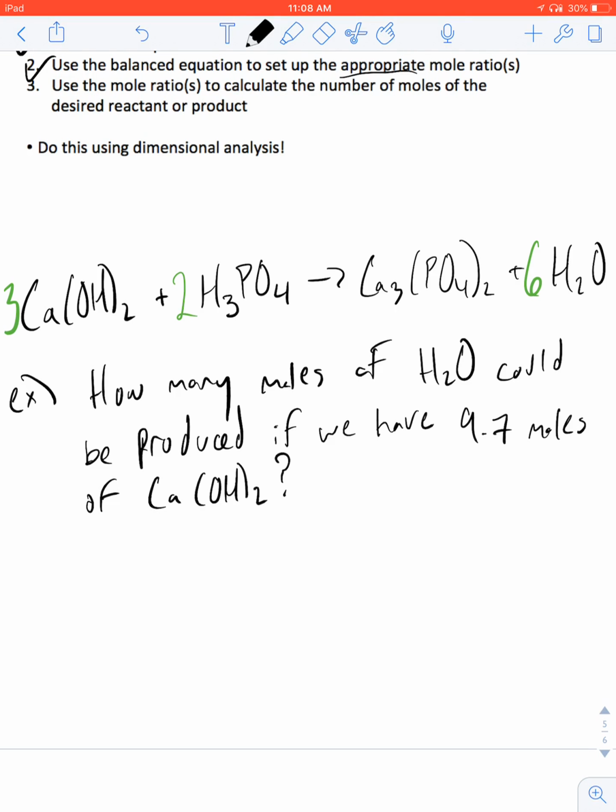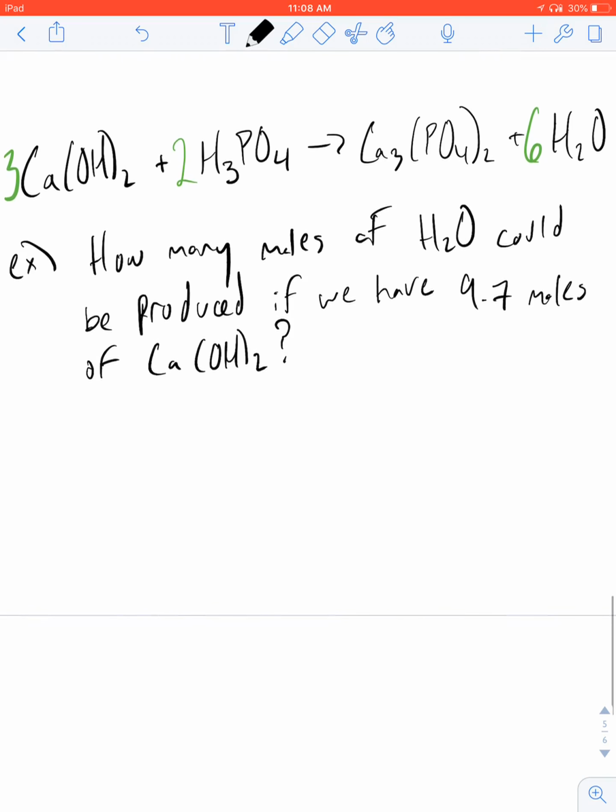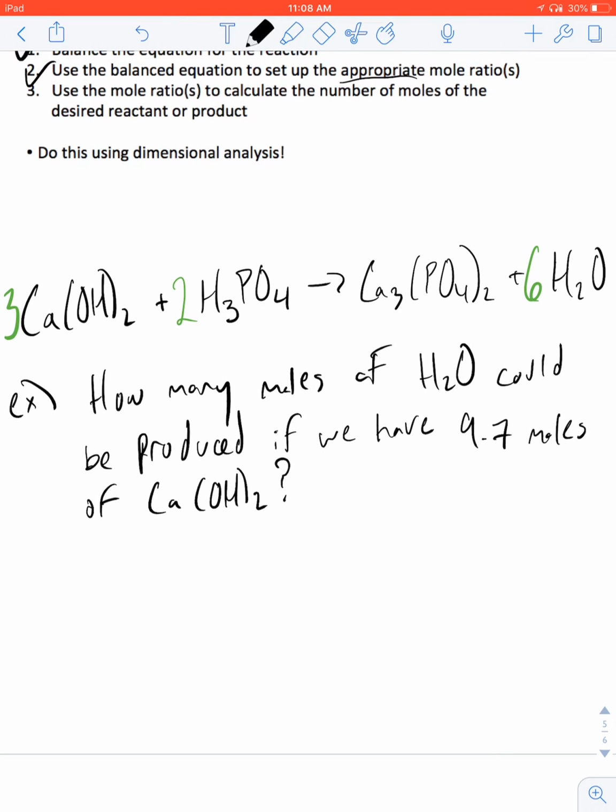All right, so now we're given our example question. We can figure out what we need to figure out. So let us go through the question and see what's given to us.